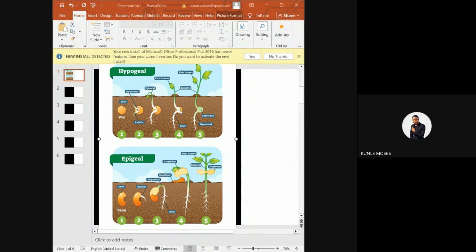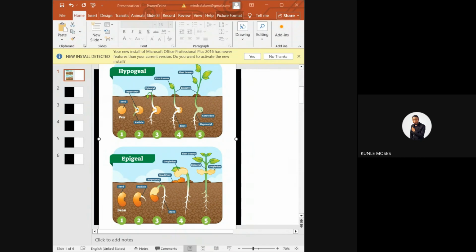And looking at the fourth stage here, there will be an emergence of the shoot. The shoot will emerge. The epicotyl that was coming out will break through the soil, and you will see it like, oh, the seed is growing already, and it is turning into a plant. So that is what happens at the fourth stage.